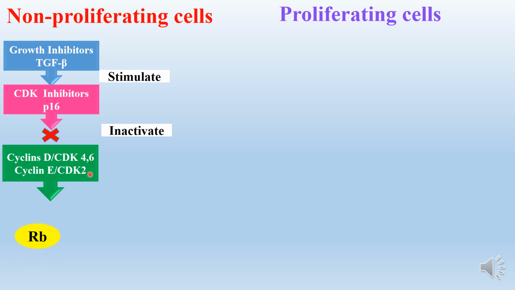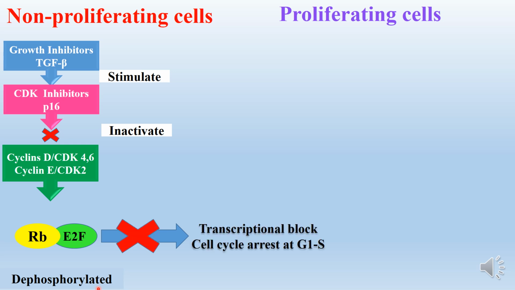So retinoblastoma is unphosphorylated and it binds to this E2F factor, and therefore in this dephosphorylated condition the transcriptional block is there and the cell cycle arrest is existing at the G1S checkpoint. So this is how the G1S checkpoint is regulated in the non-proliferating cells.